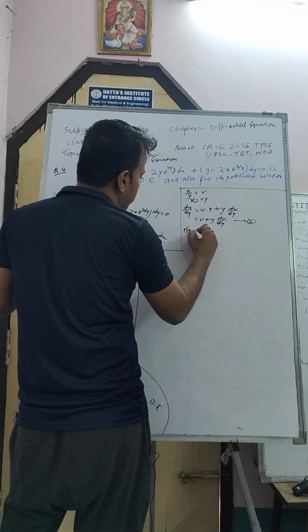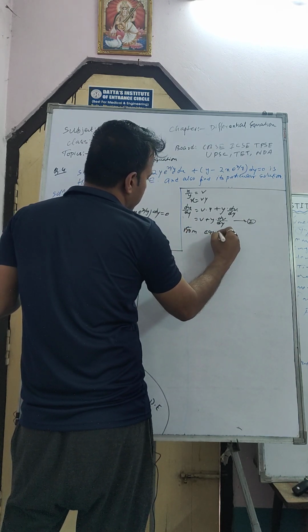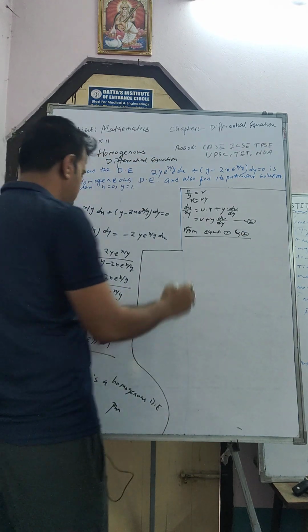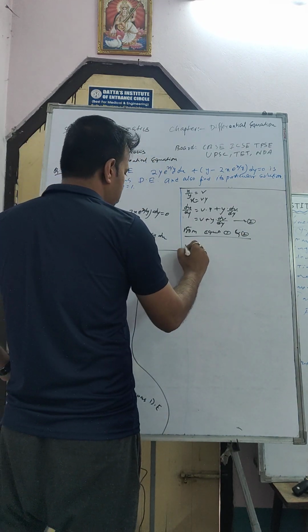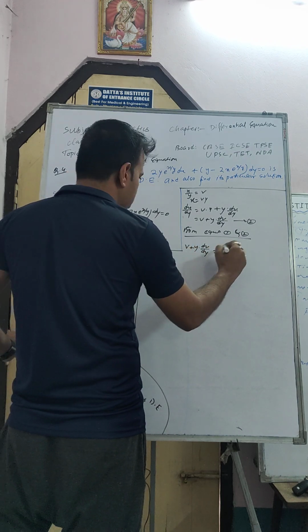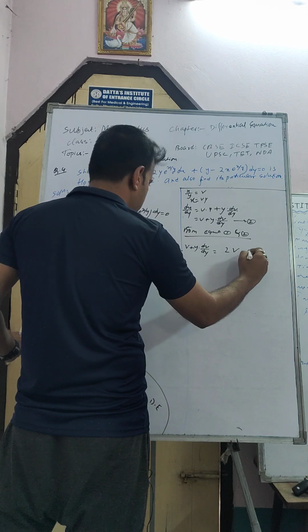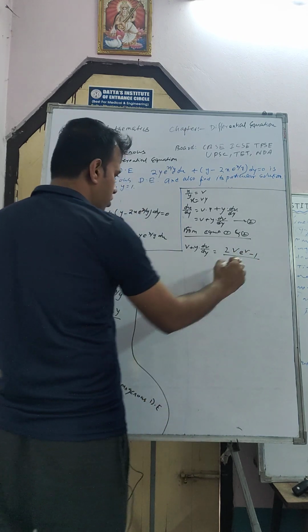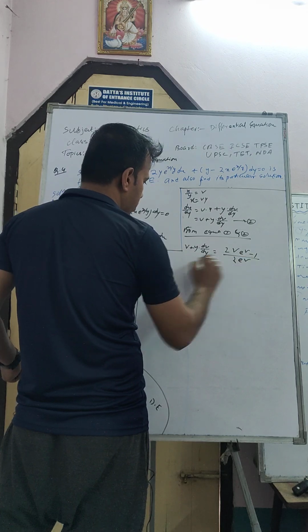So now from equation 1 and 2, what will we get? We will get v plus y into dv by dy is equal to 2v e to the power v minus 1 by 2 e to the power v.